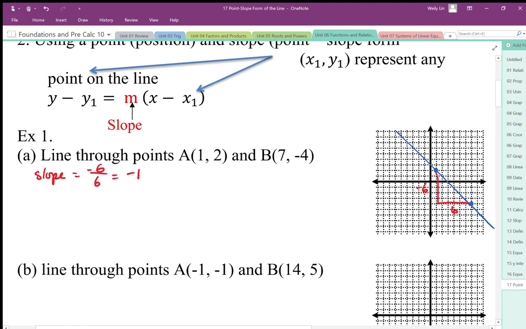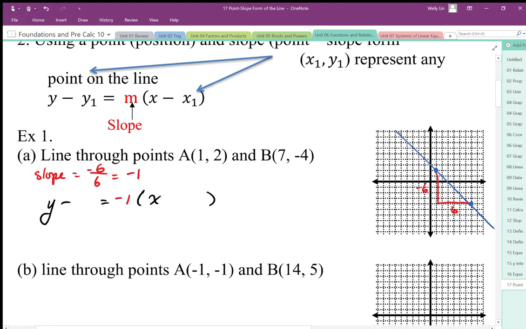Okay, now the nice thing is, before I had to plug in x and y to calculate the y-intercept. Now I don't need to calculate anything. I can just plug in x and y, because my equation is going to look like this: y minus y1 equals the slope, in this case -1, times x minus x1.